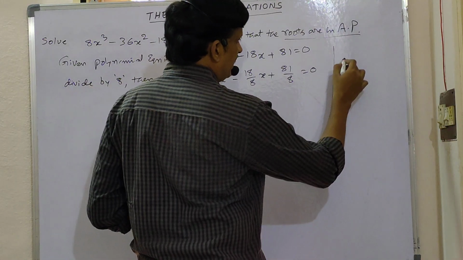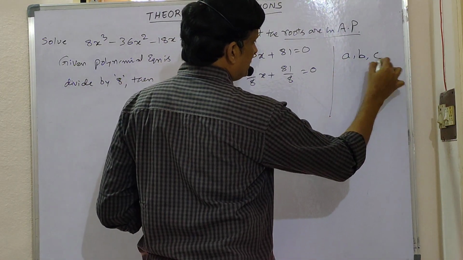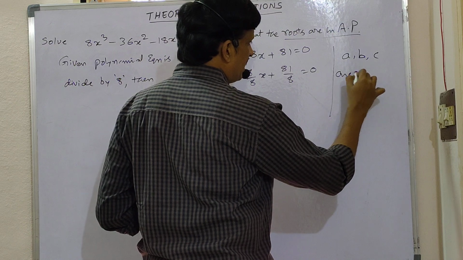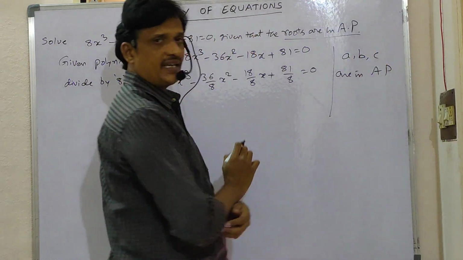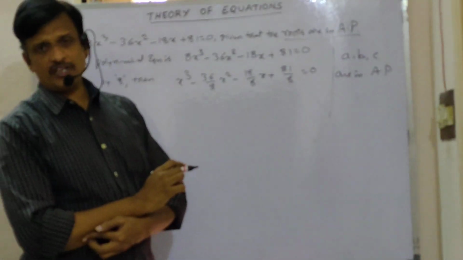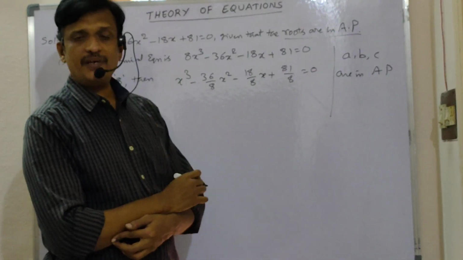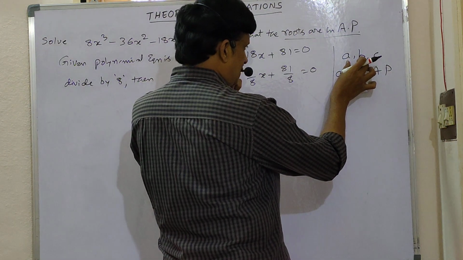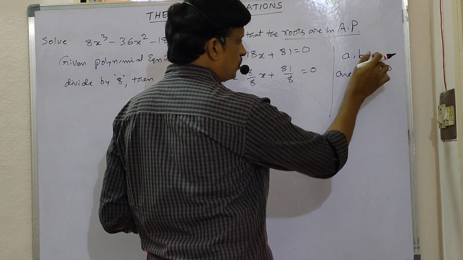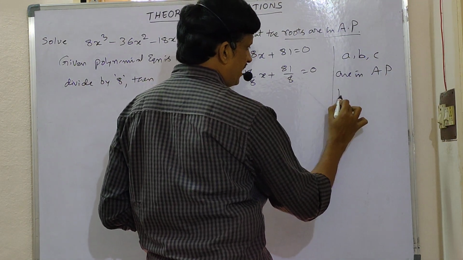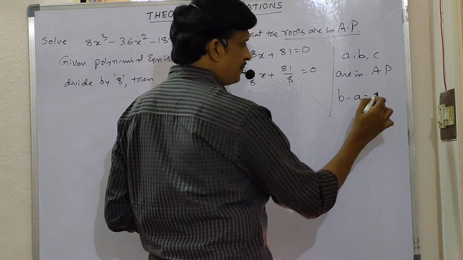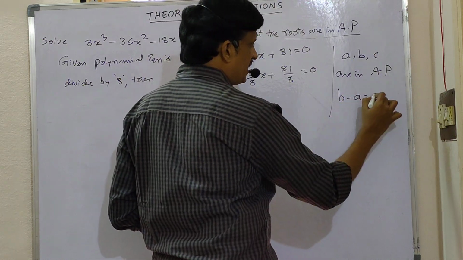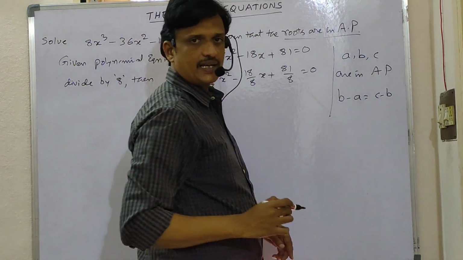If A, B, C are in arithmetic progression, what is an arithmetic progression? When 3 terms A, B, C are in arithmetic progression, it means the difference between these two is equal to the difference between these two. That means B minus A, second term minus first term, is equal to C minus B, third term minus second term.